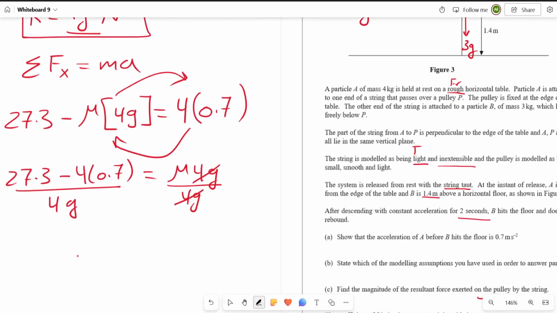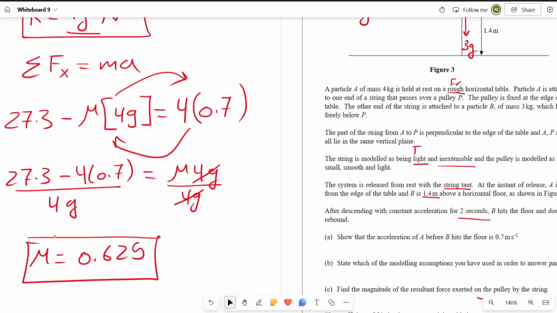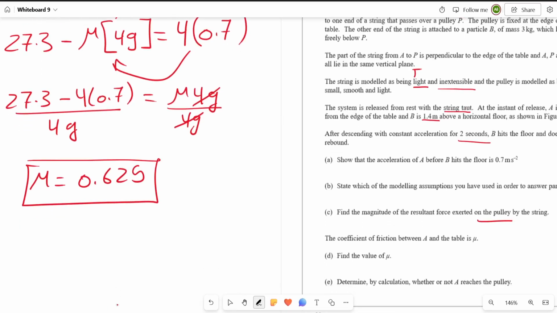So over here, if I put this whole thing in the calculator, it is going to give me a value of mu of 0.625, or basically 0.63. This is the value of mu, and this is the solution to part D.